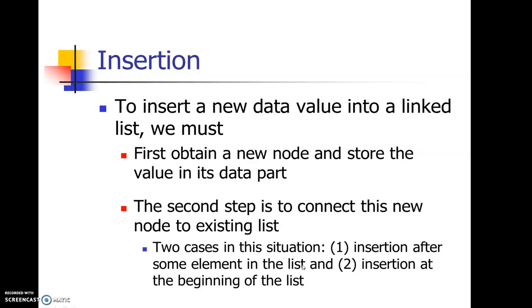The special scenario is that you want to insert the item at the beginning of the list. We will look at the general case first, and then we will dive into the special case.